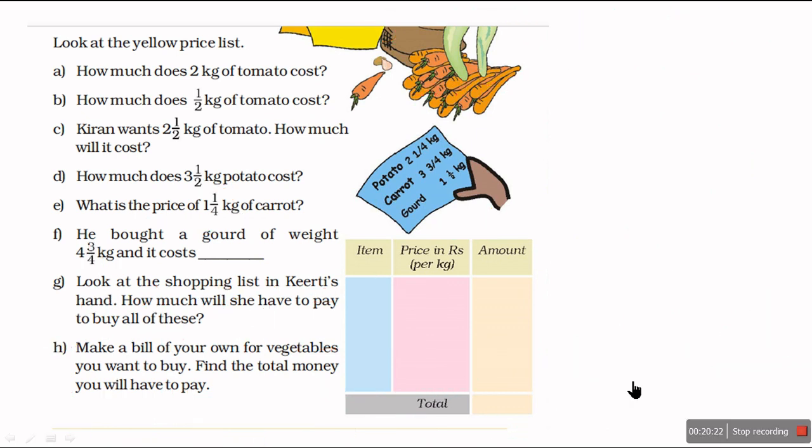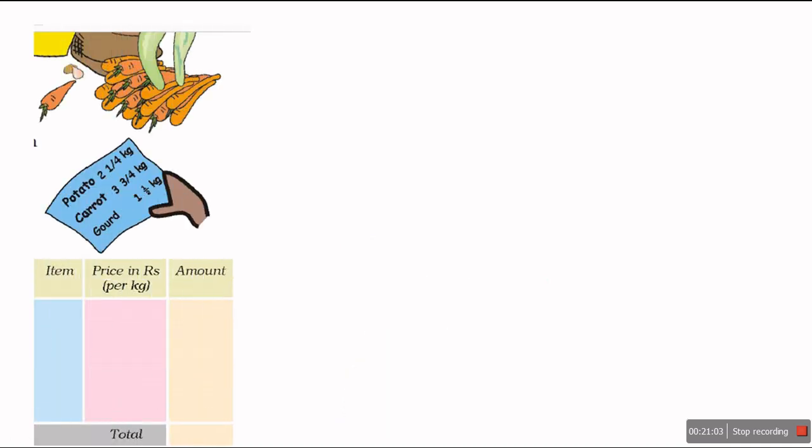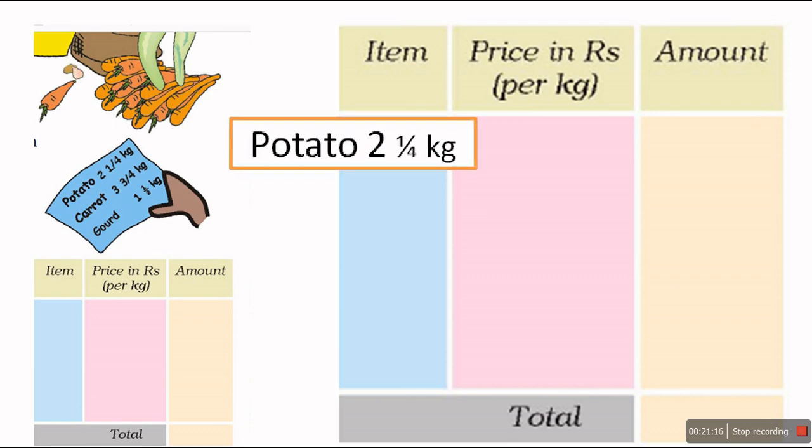Now we have to pay. So let us first make a bill like this. Potato, we need to purchase 2 and quarter kg. Okay, suppose we have 40 rupees per kg.